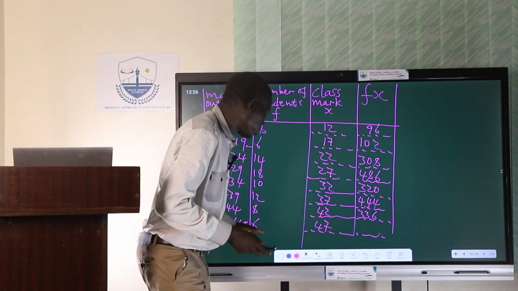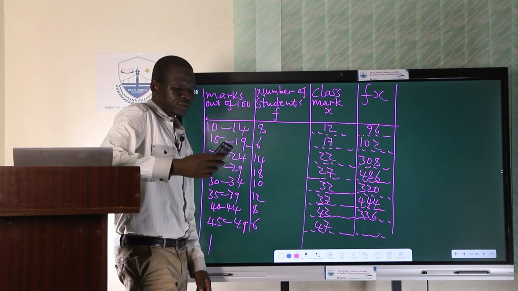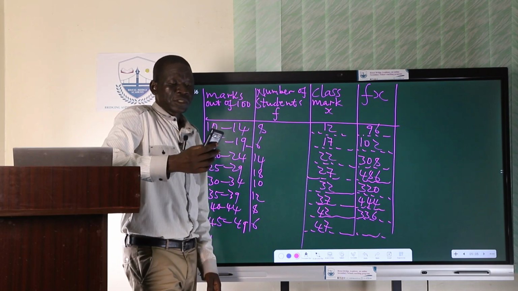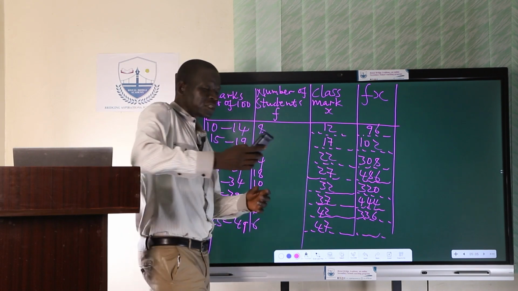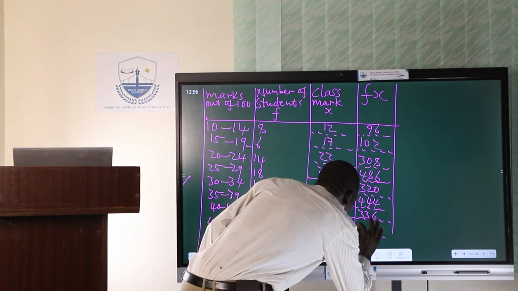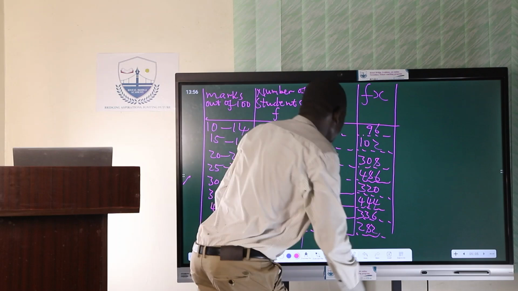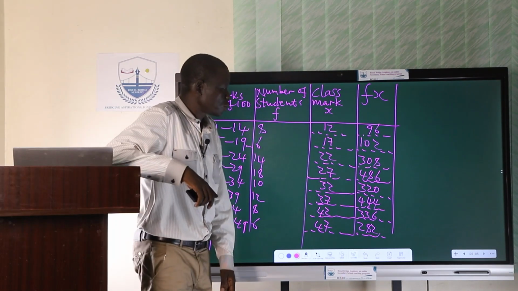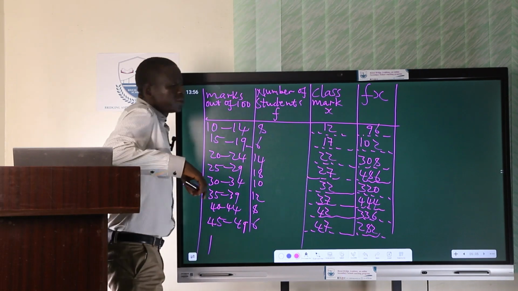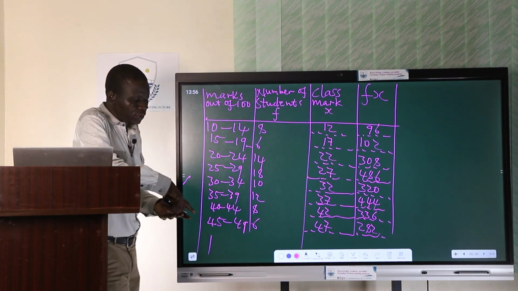And then 6 times 47, we find that we get 282. So we have filled the table. Once you do that, you will have answered the question.